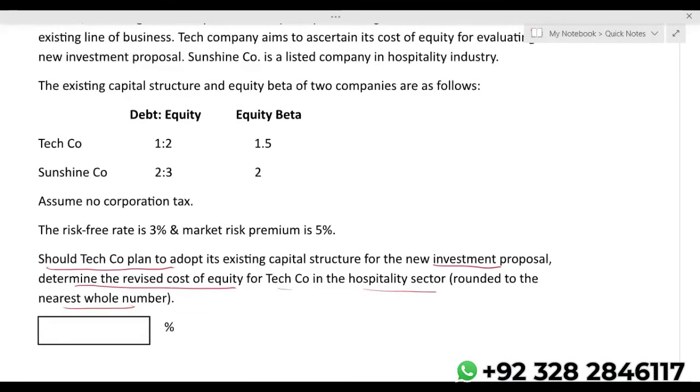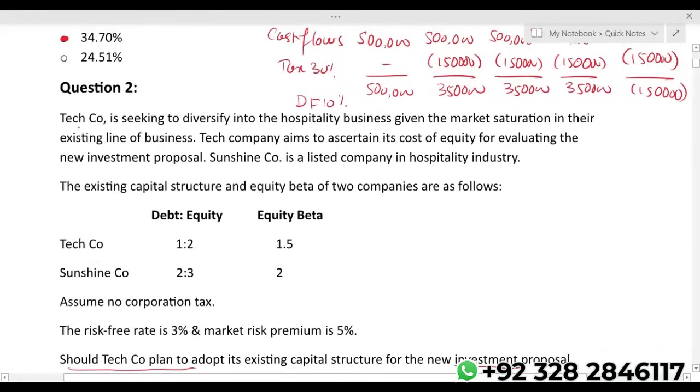So let's read the question now. Tech company is seeking to diversify into the hospitality business given the market saturation in their existing line of business. Tech company aims to ascertain its cost of equity for evaluating the new investment proposal. Sunshine Company is a listed company in the hospitality industry.